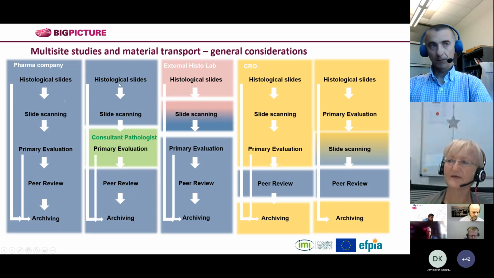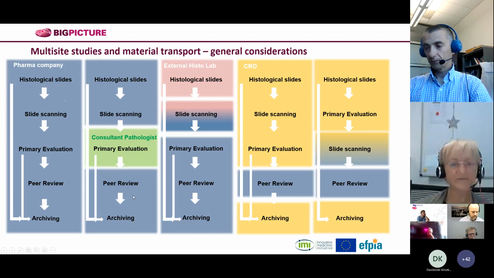But we can also have the scenario where slides are produced and scanned and are sent to an external contract pathologist for primary evaluation, and from there are sent back for peer review by a sponsor pathologist and finally are archived. Or let's be more complicated. We can produce slides at an external contract histology lab.